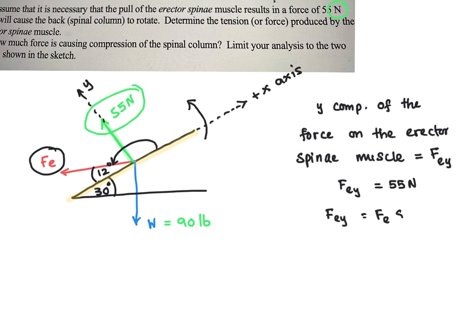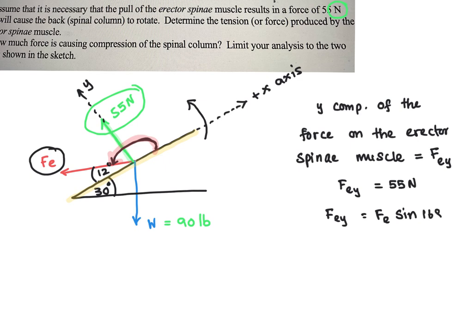Fe and sine. What is this angle? The counterclockwise direction. I am going to again use a different color and highlight that, so you can actually see that on the video. So this angle is 180 minus 12. So 180 minus 12 is 168.